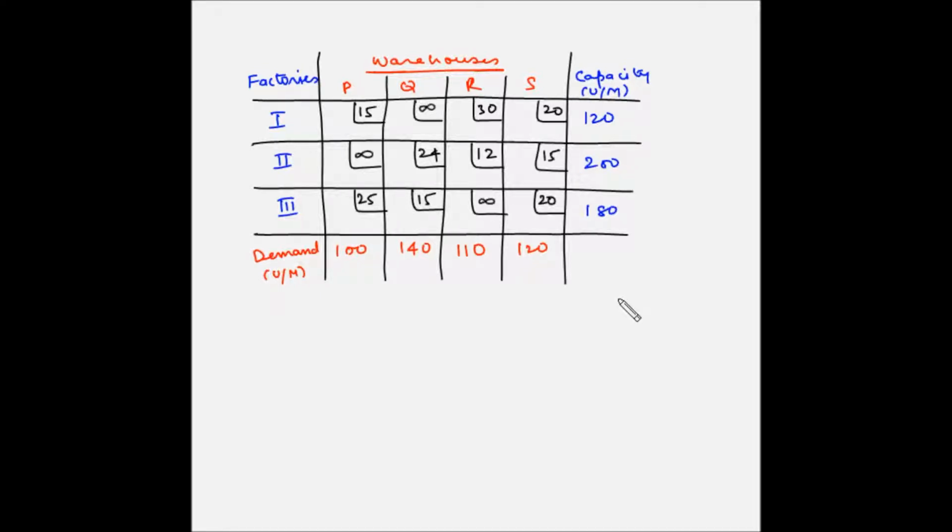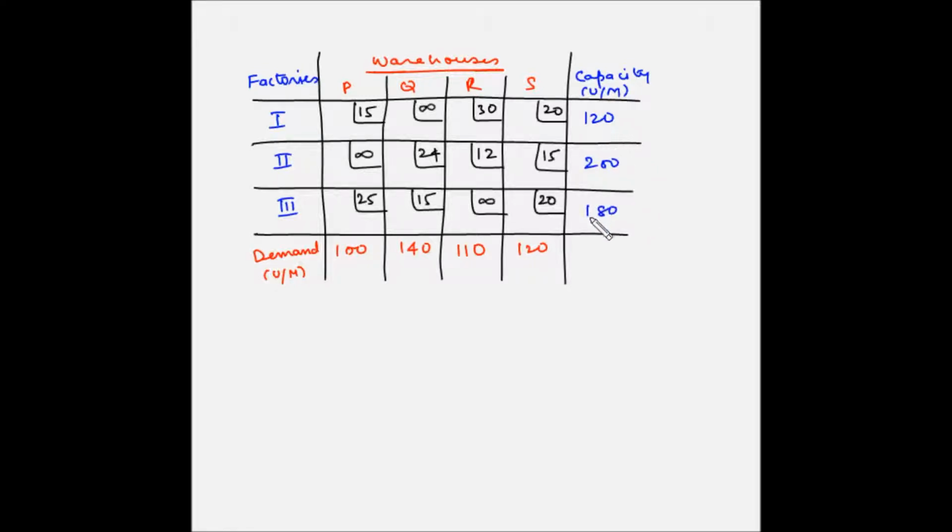Now once the transportation table has been created, a check needs to be done to find out if the total supply and demand are equal. If yes, the problem is said to be balanced, and if not, a dummy origin or destination is added to balance the supply and demand. So let's add up the supply capacities first.